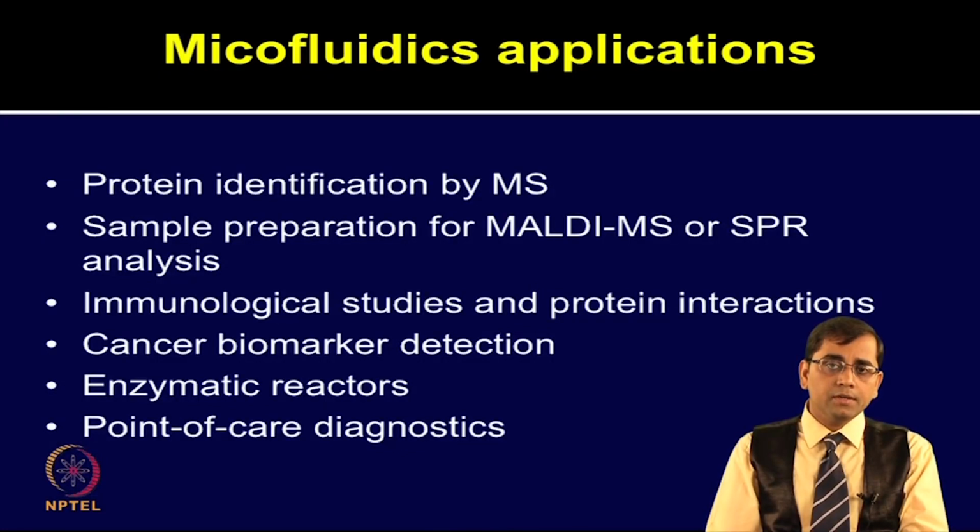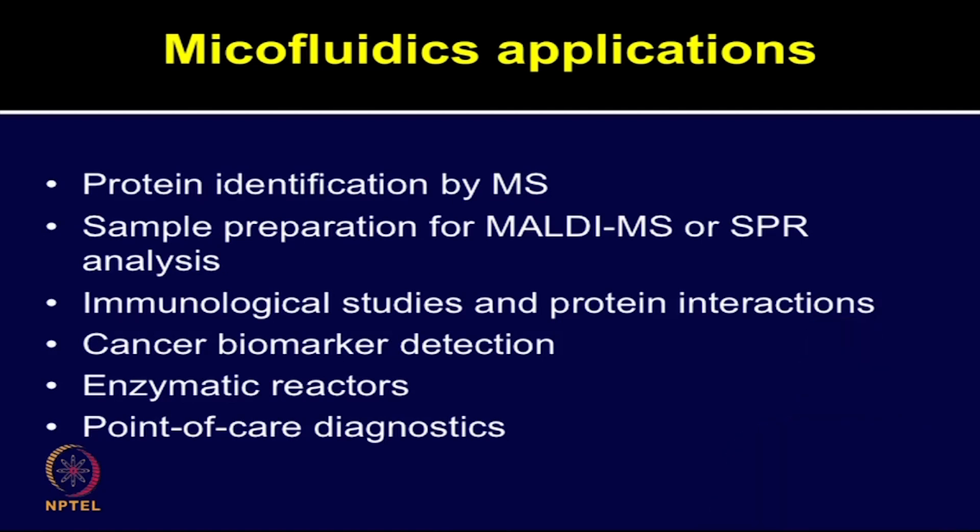Now, there is an increasing trend of using microfluidic based systems with various proteomic platforms such as mass spectrometry and surface plasmon resonance. Microfluidics is being used in different applications such as immunological studies and biomolecular interactions, biomarker discovery including cancer biomarker detection, enzymatic reactions, and lastly diagnostics as biochips, which mark the beginning of microfluidic applications in proteomics.